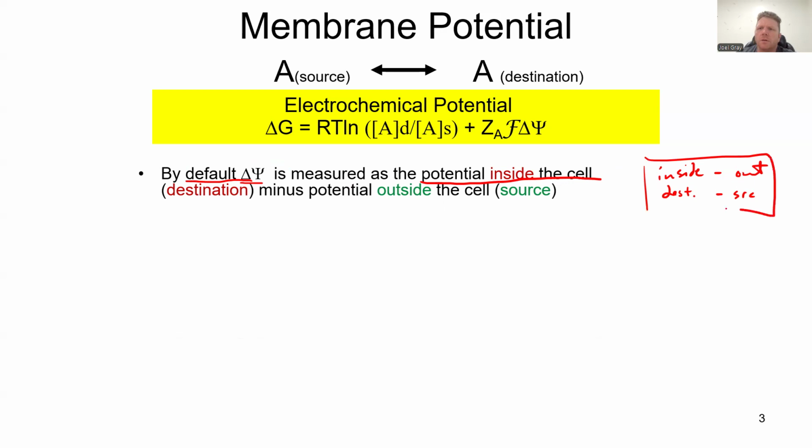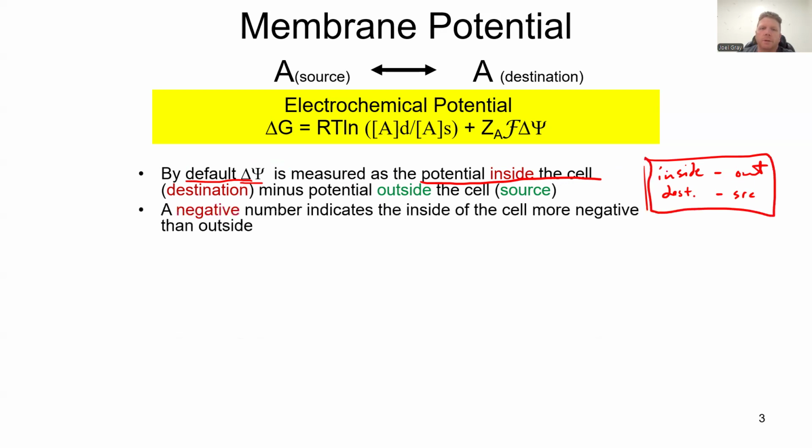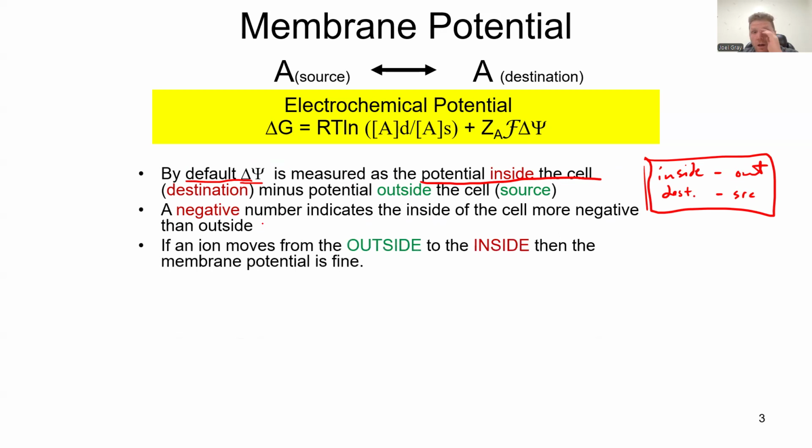So this right here is a little bit of foreshadowing. A negative number indicates the inside of a cell is more negative than the outside. If an ion moves from the outside to the inside, then the membrane potential is fine.